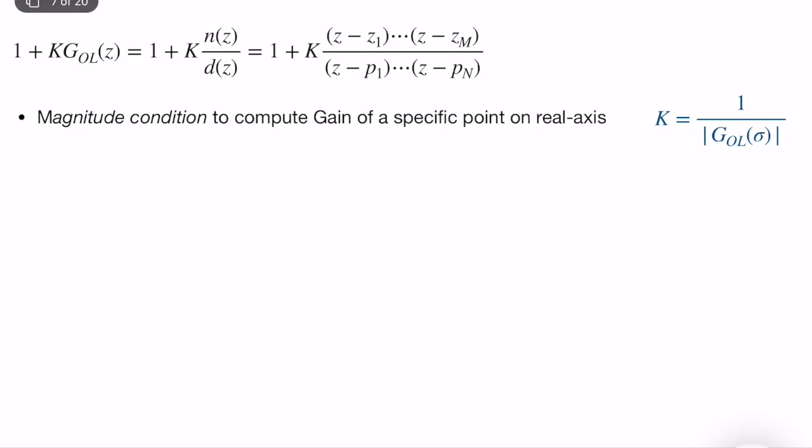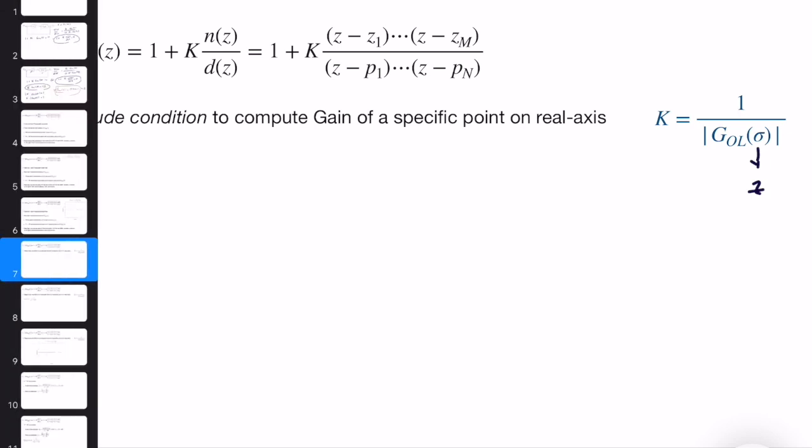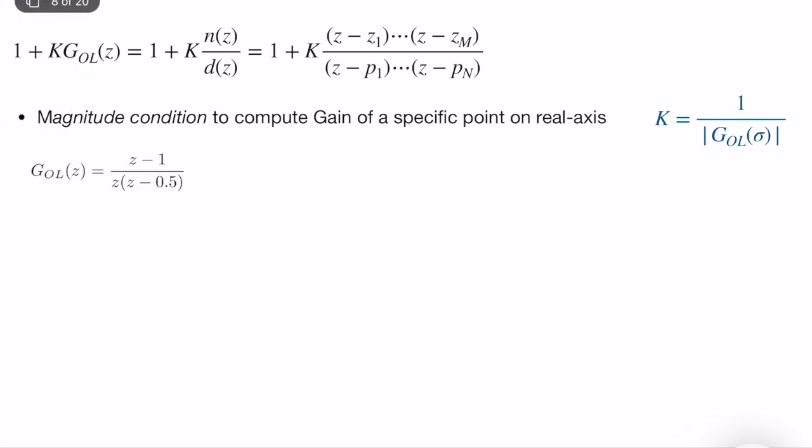If it's on the real axis, the gain is equal to 1 over the magnitude of G(sigma), and it doesn't have to be on the real axis. We replace sigma with z, which is the pole location, a complex number. We take the magnitude, and it will still give the magnitude of the gain associated with that pole. That's good. So let's solve an example.